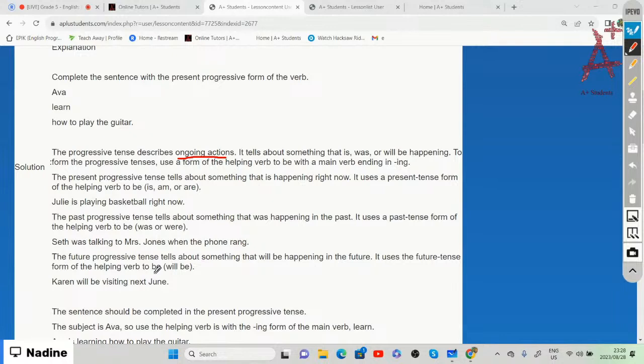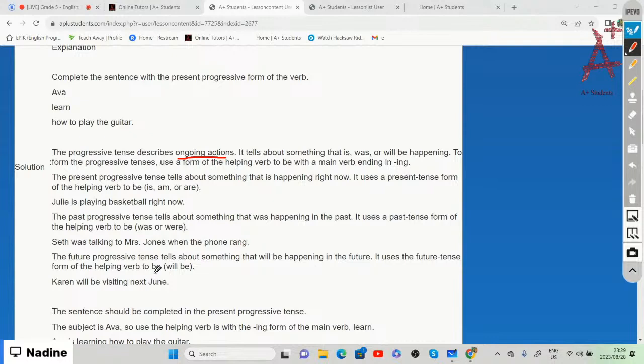Then we have the past progressive tense, which tells us that something was happening in the past, that it happened already, right? It uses a past tense form of the helping verb to be, which is was or were.